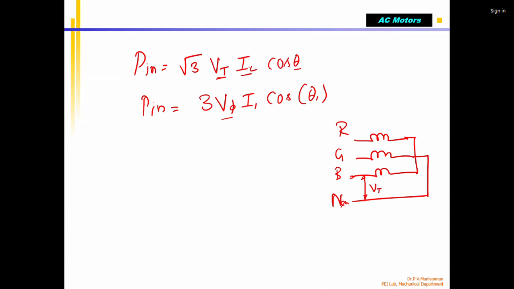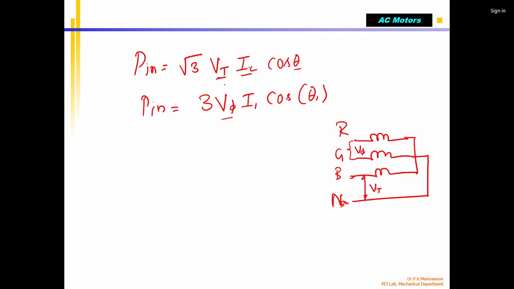Terminal voltage is between the neutral wire and any of the phases. And if I measure voltage between two phases, it is called V phase, that is phase to phase voltage. That means the voltage measured between any two phases is called phase voltage. If I measure voltage between neutral and any phase, it is called terminal voltage.